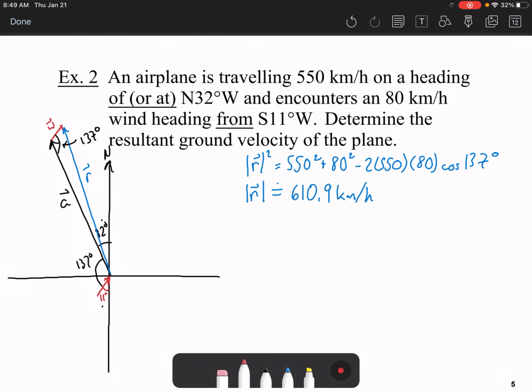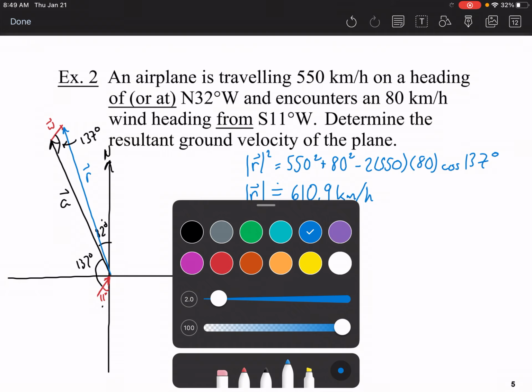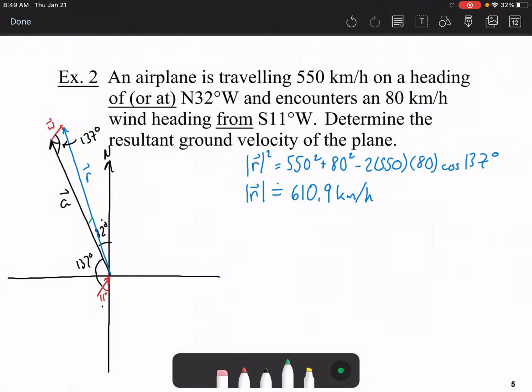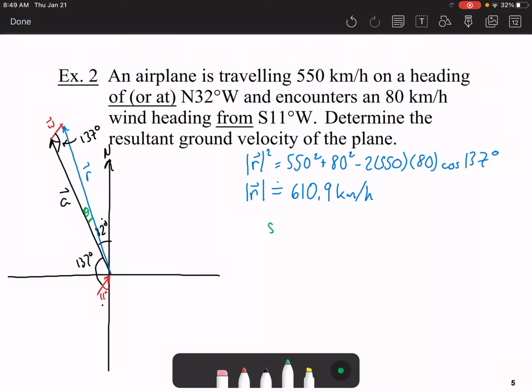Okay. I'm going to find this angle inside here. I'll call it theta. So sine theta is opposite the length of 80. Sine of 137 degrees is opposite the length of 610.9 approximately.